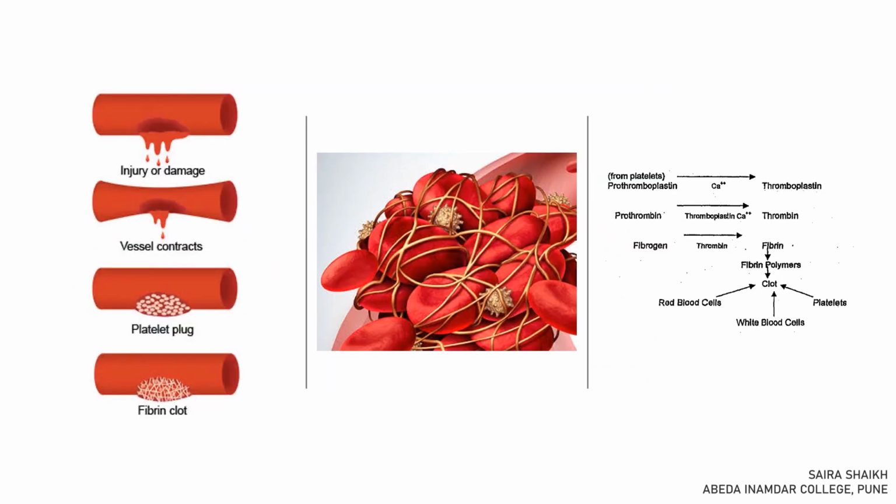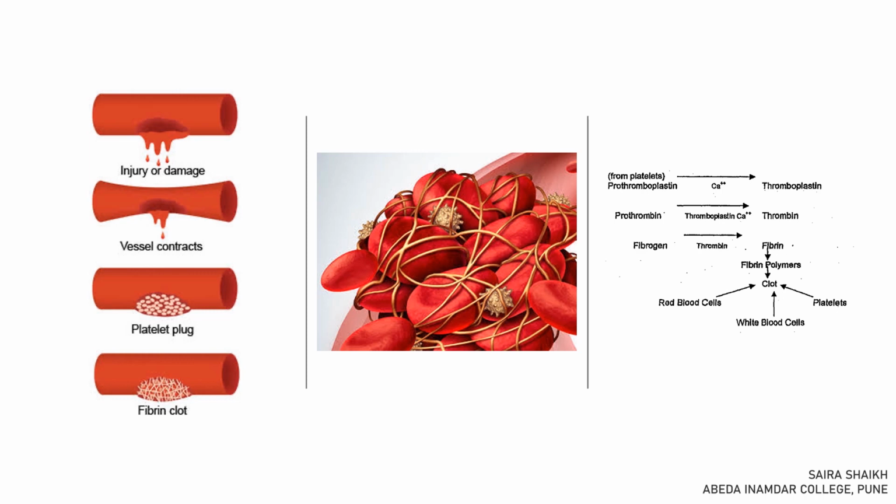Prothrombin is converted into thrombin in the presence of calcium ions and thromboplastin. Thrombin is the active form which helps in the conversion of fibrinogen into fibrin. Fibrinogen is the soluble plasma protein, while fibrin is the insoluble plasma protein.